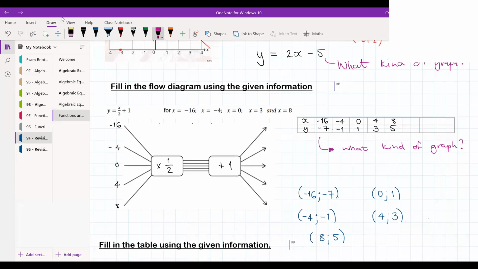Think about it. We've just discussed it literally 5 minutes ago. What kind of graph would we get here? I think a linear graph. Absolutely. Don't think, you know. That's the correct answer. Very well done. It's a linear graph.